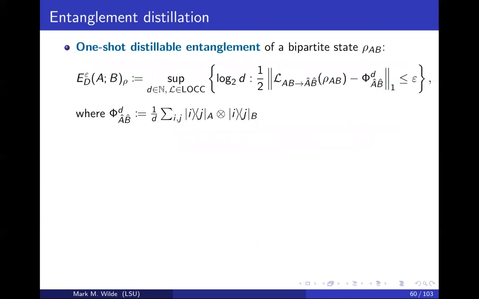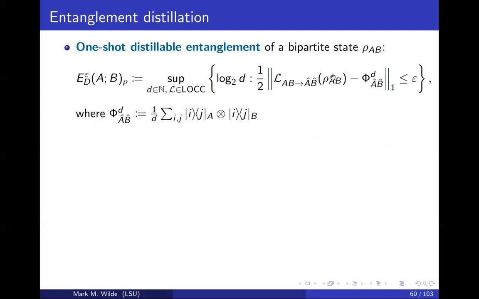So what is entanglement distillation? Let's start from here. And here you see that we're using the normalized trace distance. Okay. So let's unwrap this. We have something called one-shot distillable entanglement. It's a function of a bipartite state rho, and of an error parameter epsilon that goes between 0 and 1.